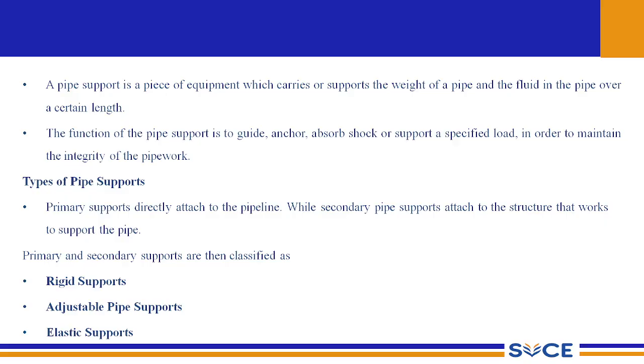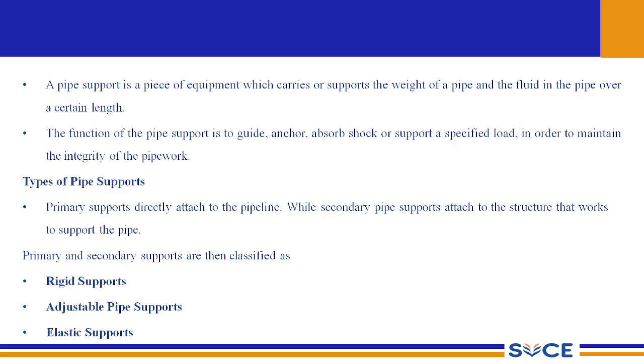So to repeat, the definition of a pipe support is a piece of equipment which carries or supports the weight of the pipe and the fluid in the pipe over a certain length, and the purpose is to support, guide, absorb shock or anchor in order to maintain the integrity.